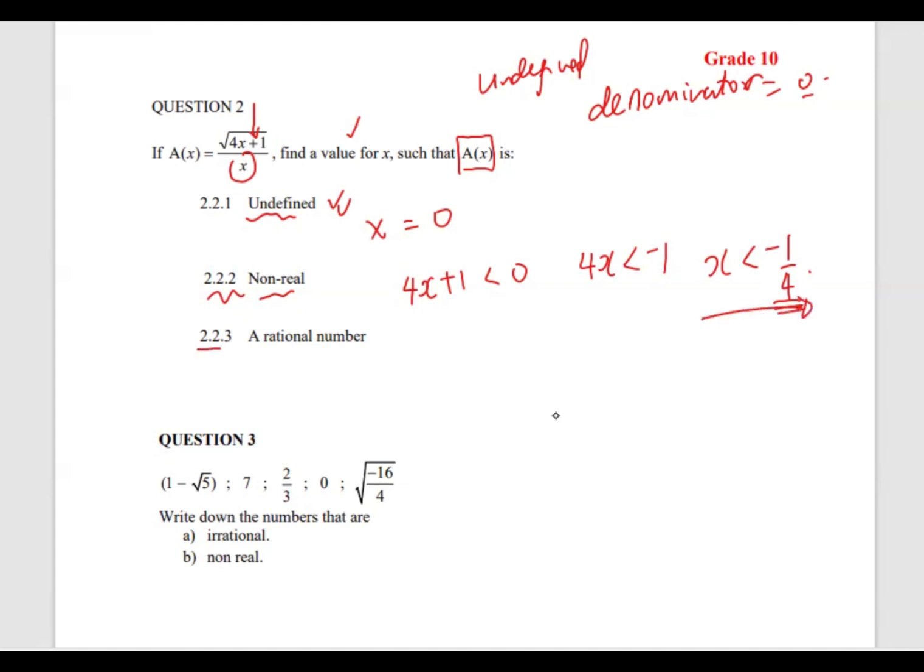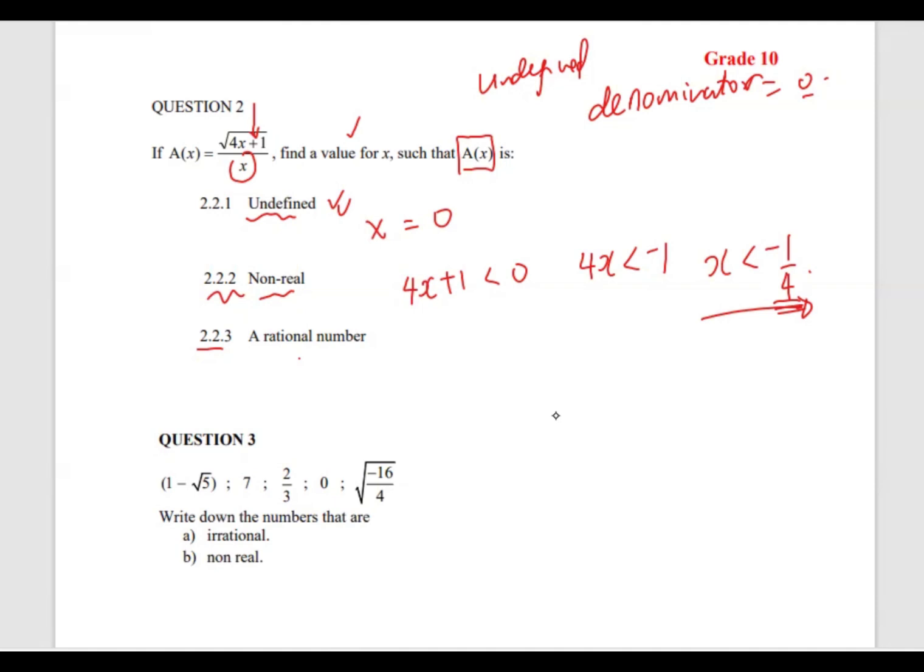Then 2.2.3. Okay, a value of x that is going to make the whole thing a rational number. So we say for something to be rational, we should be able to find the square root, or we should be able to write it as a common fraction.